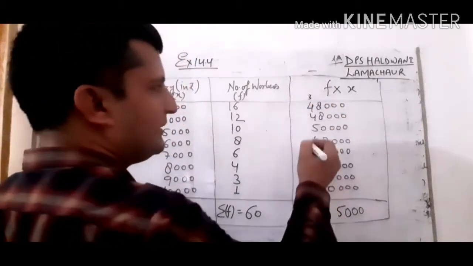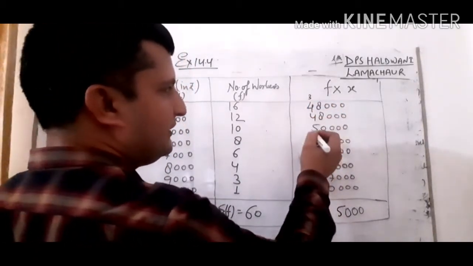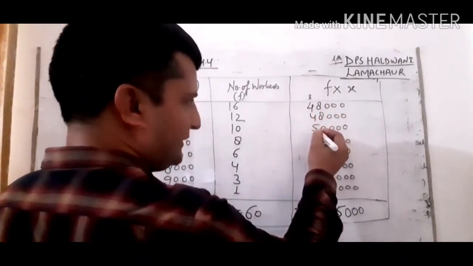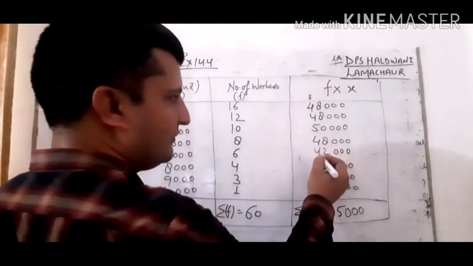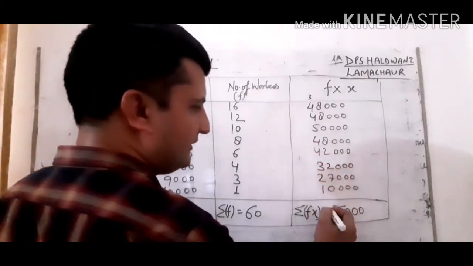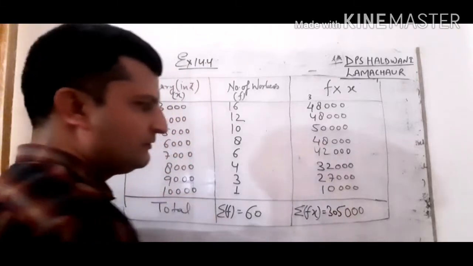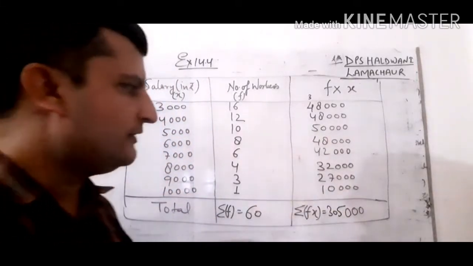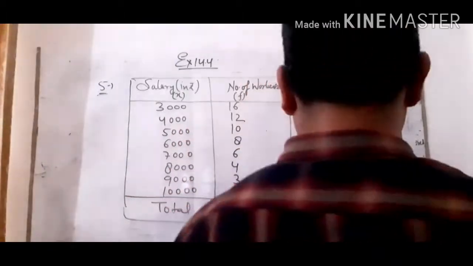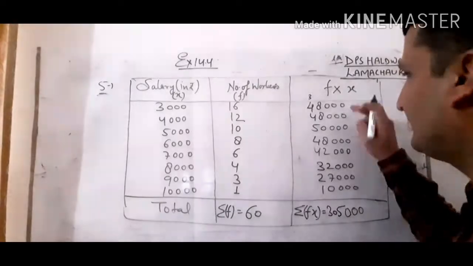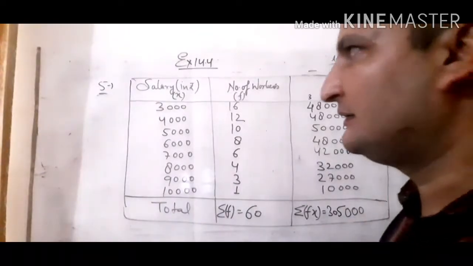So 3 and 4 is 7, 7 and 4 is 11, 11 and 5 is 16, and 4 is 20, and 4 is 24, and 3 is 27, and 3 is 30. So the sigma fx is coming to 305000, when we are calculating these things.